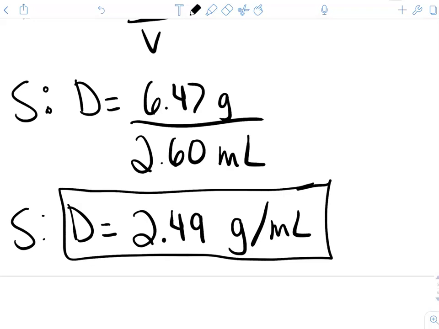Okay, that one was pretty straightforward because we were just solving for the density. In this next one, we are going to change it up a bit and solve for something else.